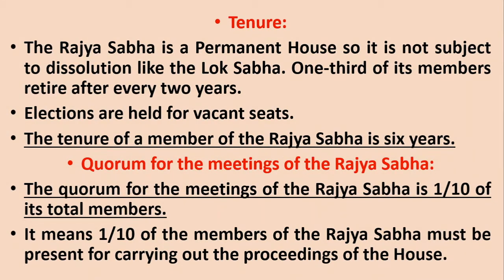It means 1/10 of the members of the Rajya Sabha must be present for carrying out the proceedings of the House. You know what is the total strength of Rajya Sabha? I have already discussed with you. That is 250. And what is 1/10 of 250? What does it make?